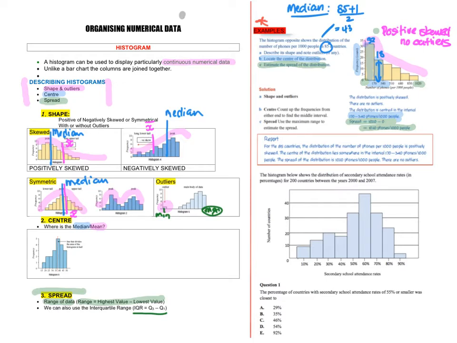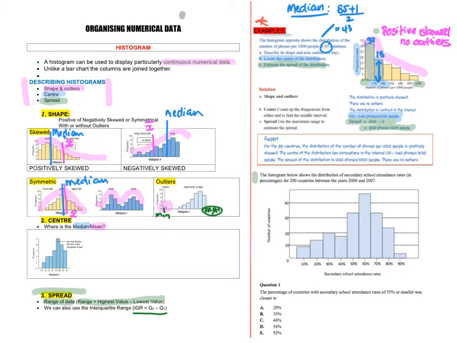You don't need to. Okay, the histogram, and I'm looking down here now at the next one. The histogram below shows the distribution of secondary school attendance rates in percentages for 200 countries between the year of 2000 and 2007. So the percentages is actually the category. It's not a percentage histogram.